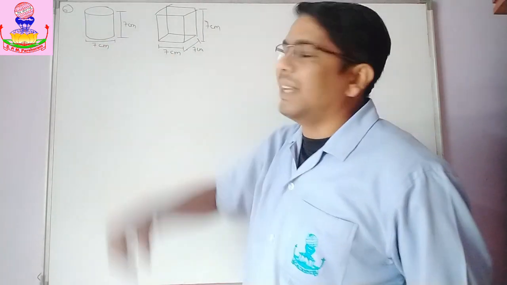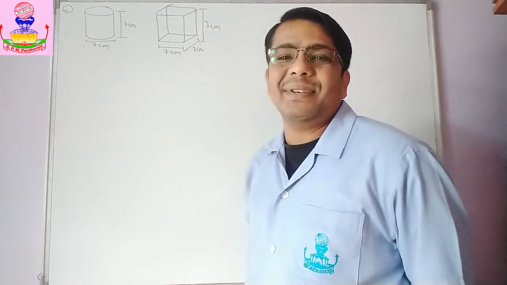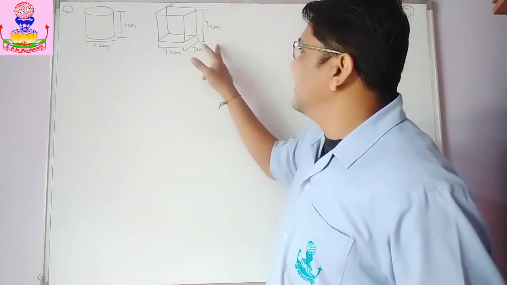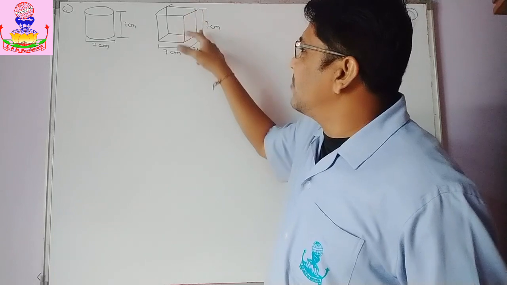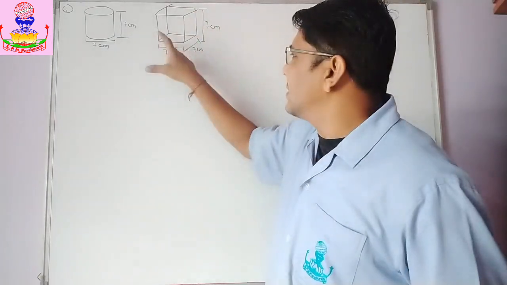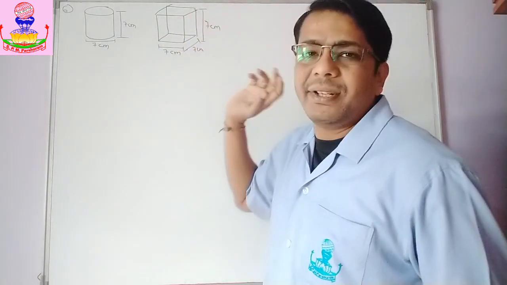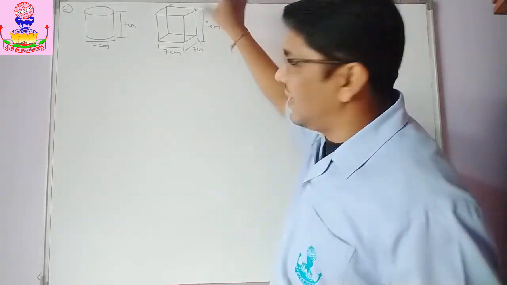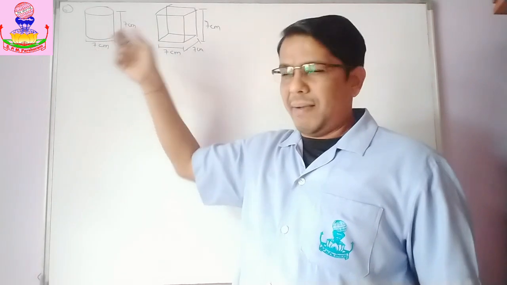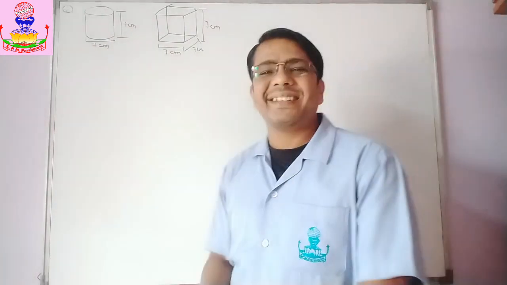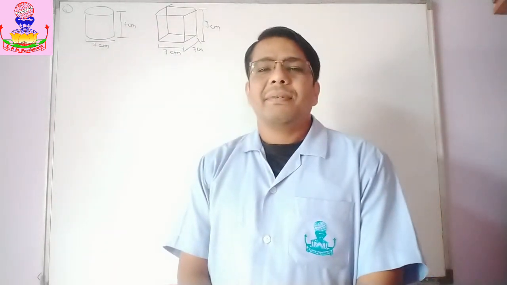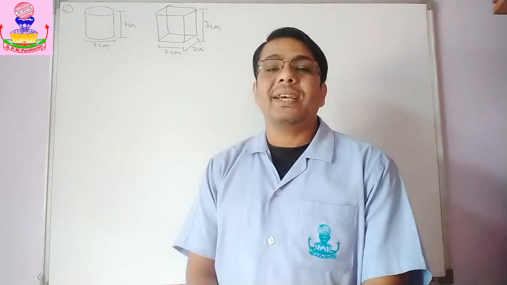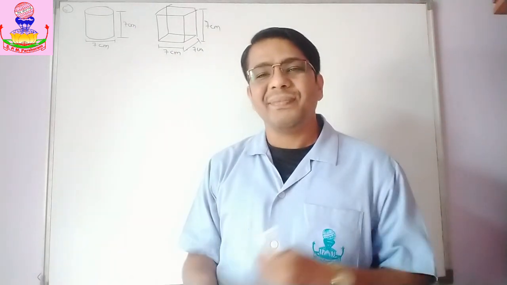See here, what is the height of the cylinder? Yes, 7 centimeter. And here, height of the cube, no doubt it is a cube. So this is length, this is breadth and this is height. All are equal. Hence it is a cube. But what is the height here? 7. Here height 7 and hence they are alike because their height is same.